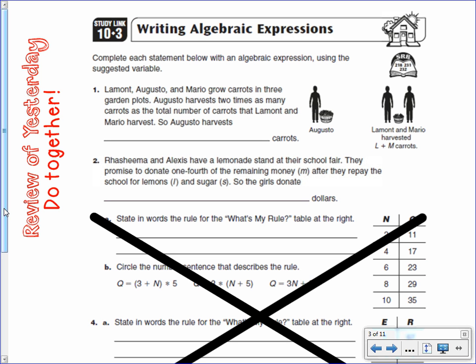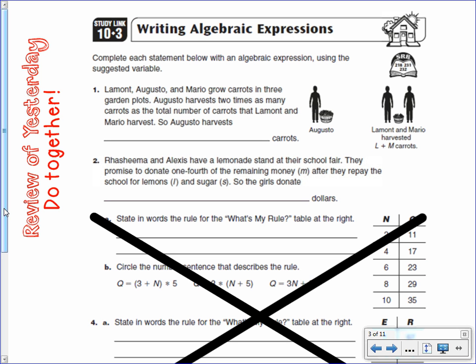But Lamont, Augusto, and Mario grow carrots in 3 garden plots. So they each have their own little space in their gardens. Augusto harvests 2 times as many carrots as the total number of carrots that Lamont and Mario harvest. What rule could we make that would help us figure it out, no matter what number of carrots?